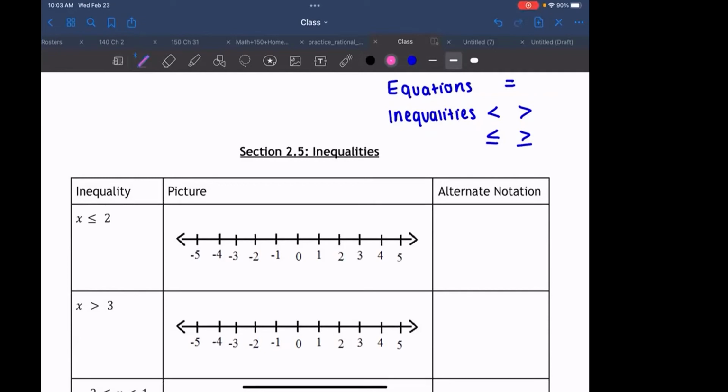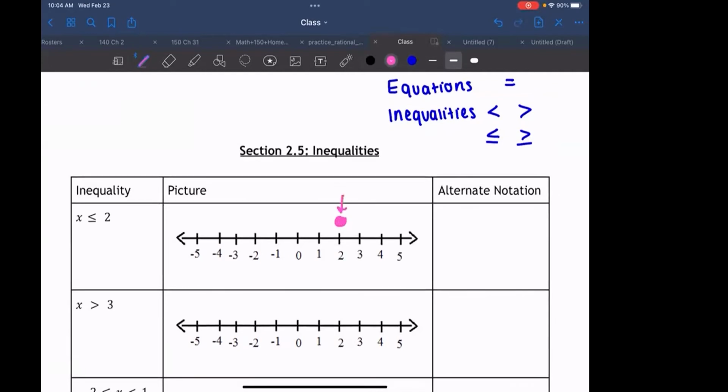Since it's less than 2, I'm just going to draw a circle above 2. But I'm going to do something weird to this circle. I'm going to color it in, and the reason I'm coloring it in is because we have an equal to in that less than or equal to sign. So because it has equal to in that sign, I'm going to fill in the circle.